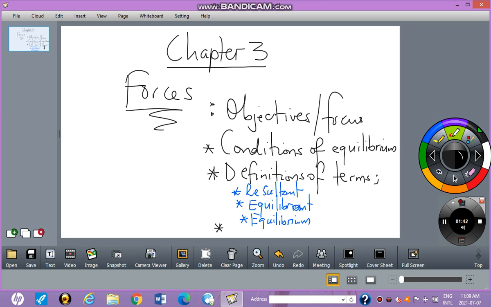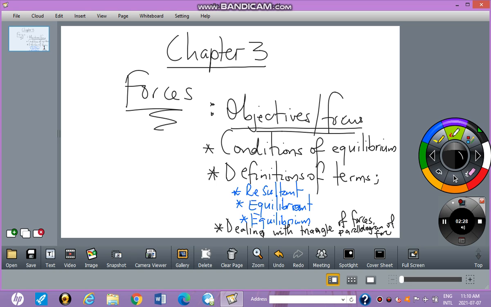last objective that will be discussed here will then be dealing with triangular forces and dealing with parallelogram of forces.